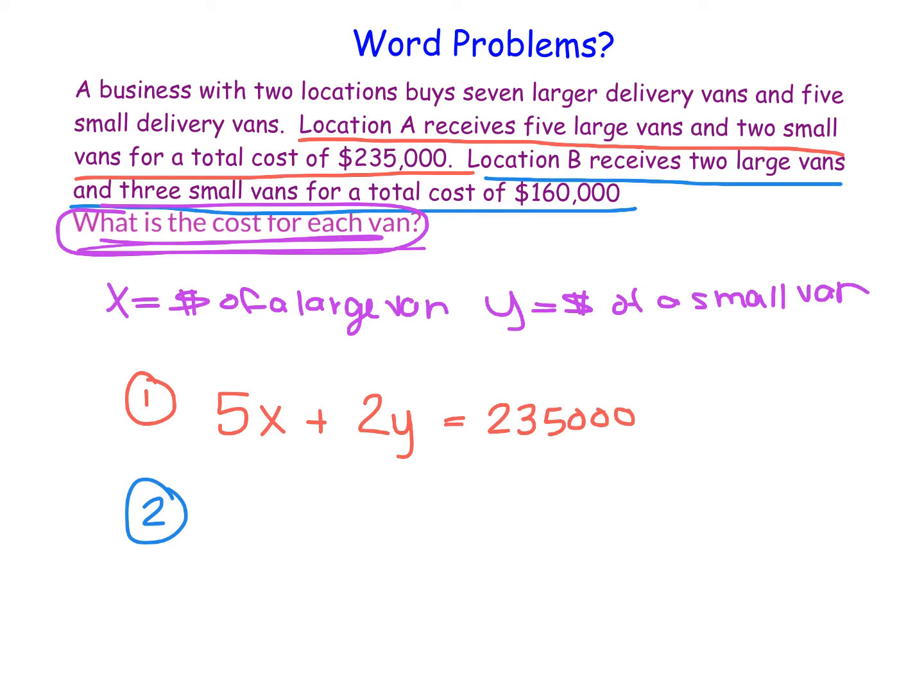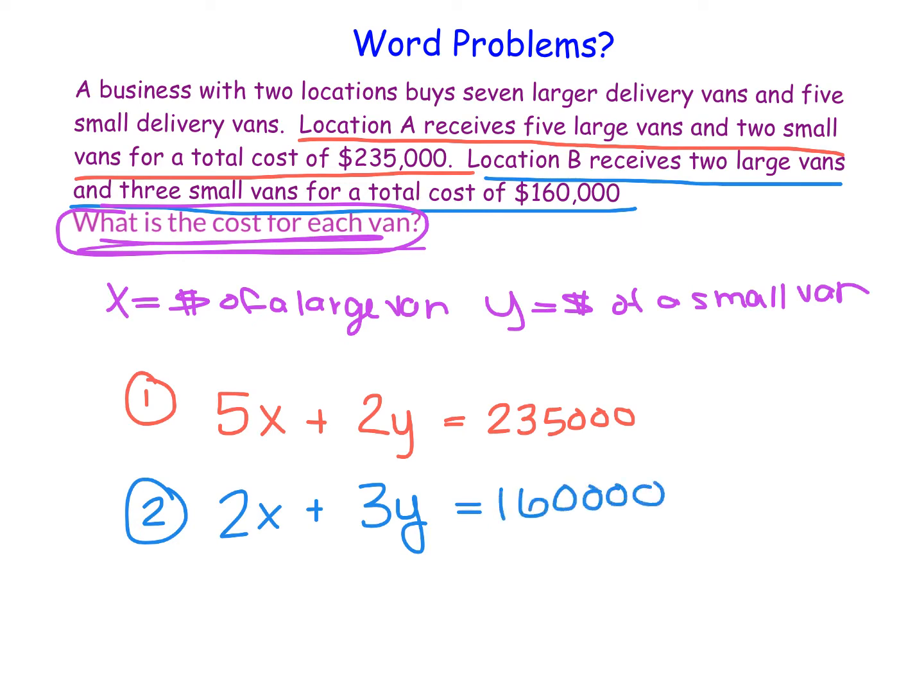Then from here, I can follow that same process and write an equation for location B, or the second situation. So here I have 2 large vans, so I have 2x, 2 large vans times the cost of a large van. And then I have 3 small vans times the cost of a small van, and I add them together. And I know that those have a total of $160,000.